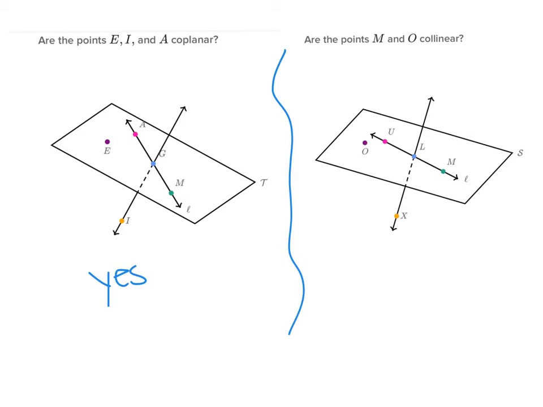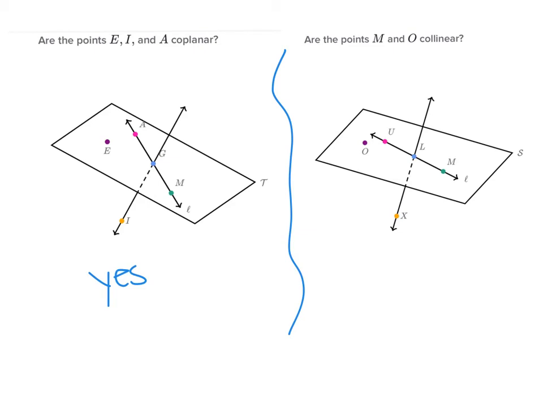M and O, they don't look like they're on the same line because we don't have the line that they're on drawn, but we can draw a line using M and O, and so yes, they could be on the same line. So that is an example of two things that are collinear. The same way that M and X, they don't look like they're collinear, but it would be possible for me to draw a line through M and X.